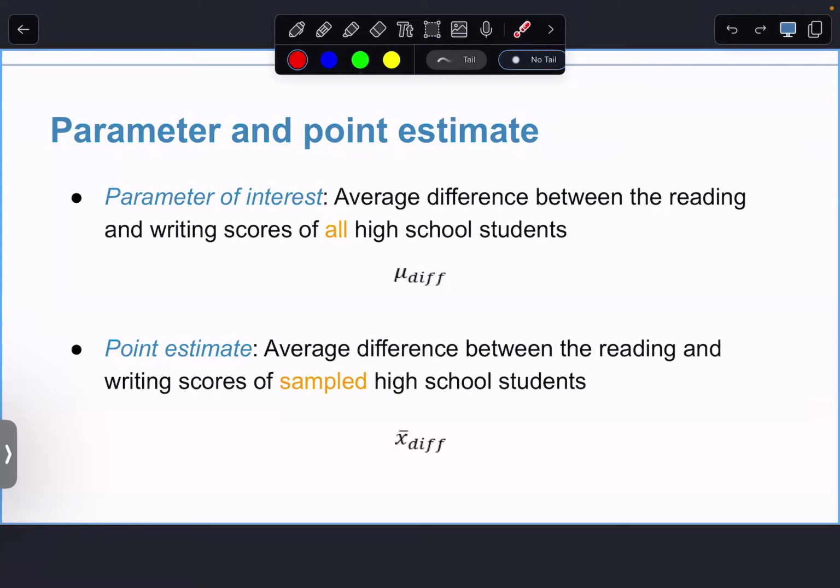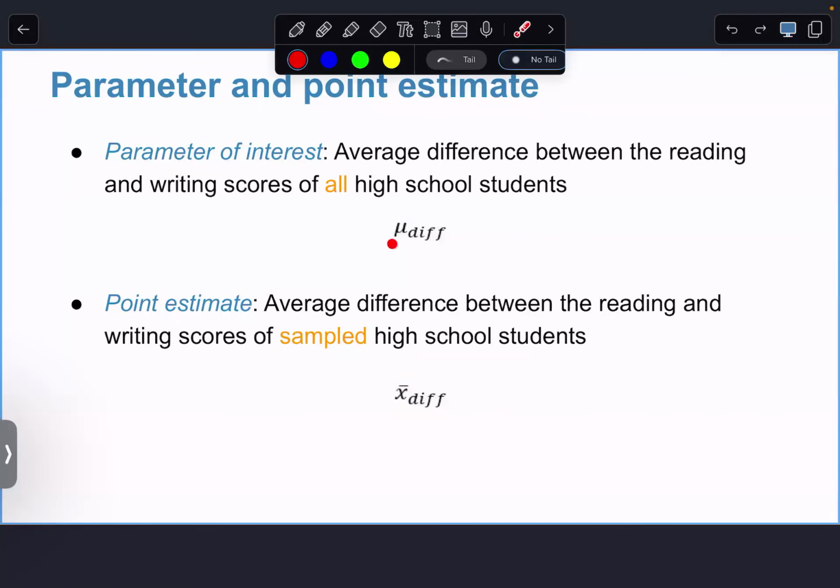The thing we want to learn about is the average difference between the reading and the writing scores of all these students, not just the sample that we have. And so what we're going to do is use a mu, which is the population mean, and then on everything, I just put a little subscript diff.